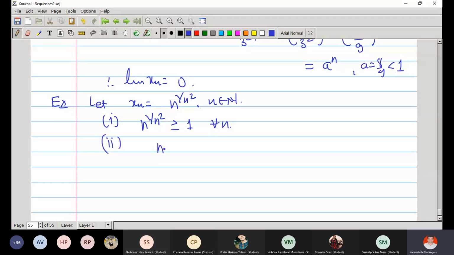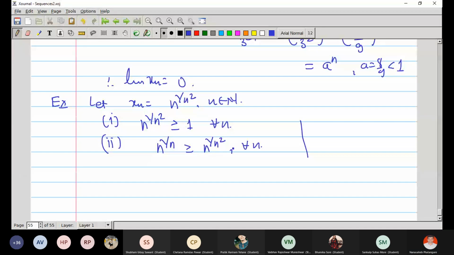What is my second observation? n raised to 1 by n is greater than or equal to n raised to 1 by n square. Is it true? Yes, sir. Because n raised to 1 by n and n raised to 1 by n square, here the power is 1 by n square, so therefore it is smaller.